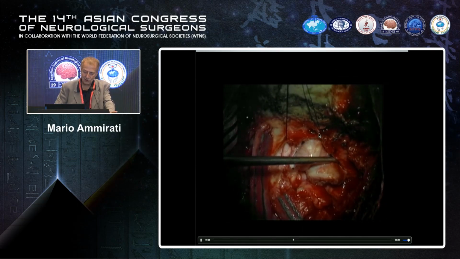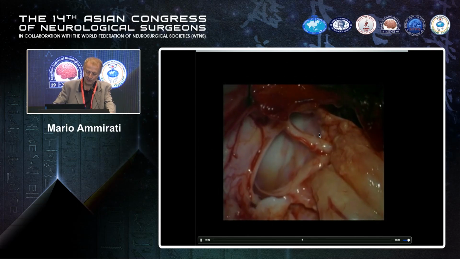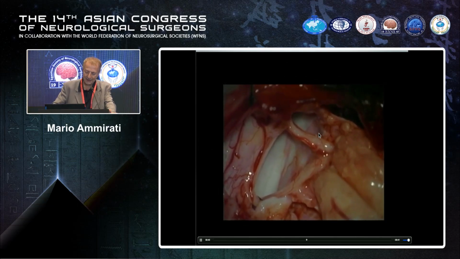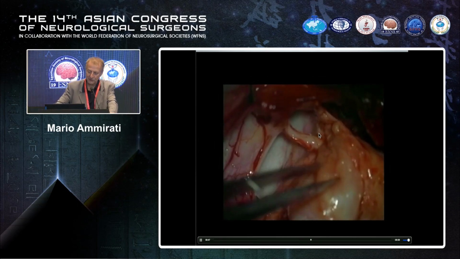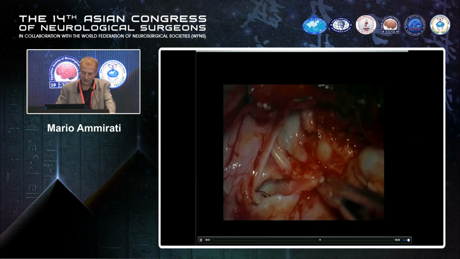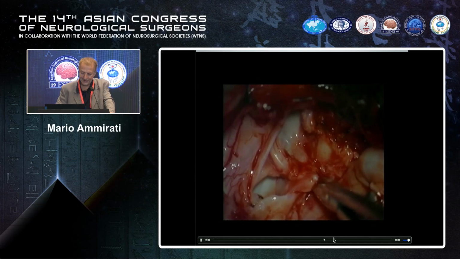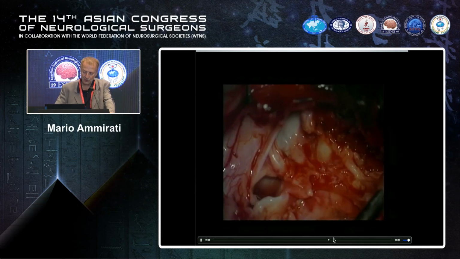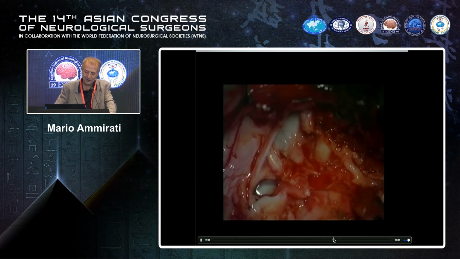So this one is a schwannoma. We expose the tumor, we decrease the bulk of the tumor by using the CUSA and other microneurosurgical techniques, and working from different angles and working very patiently, eventually we are able to completely remove this tumor.